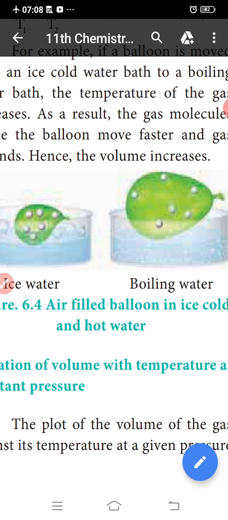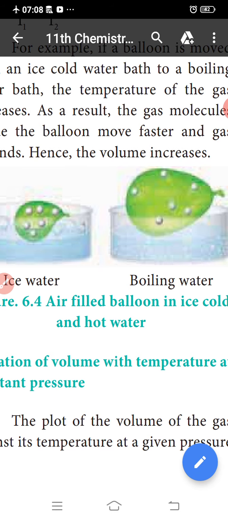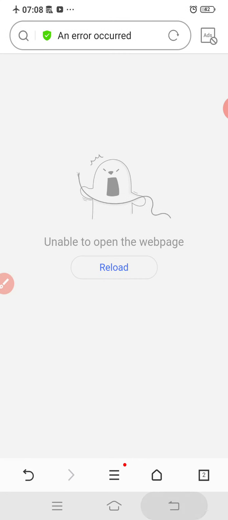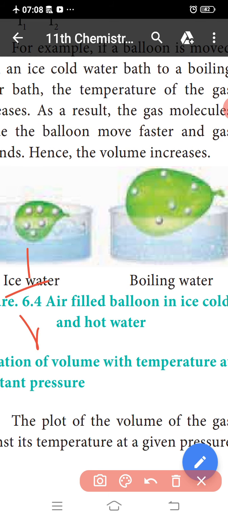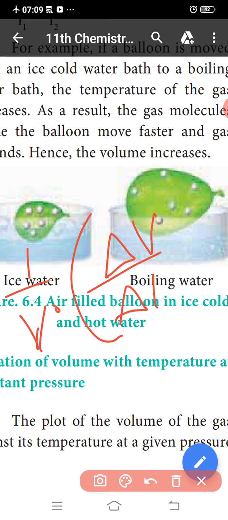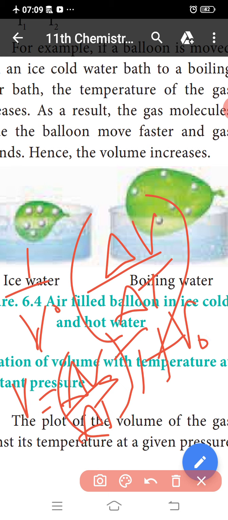So the relative increase in volume per degree Celsius is equal to 1 by V naught del V divided by del T. Therefore V is equal to V naught times (alpha T plus 1).